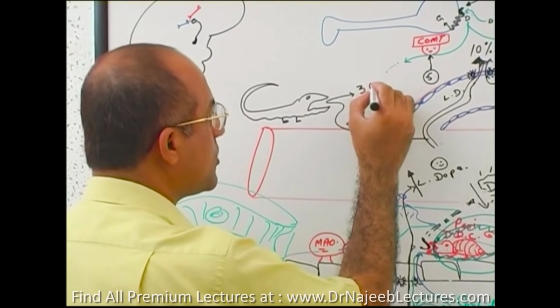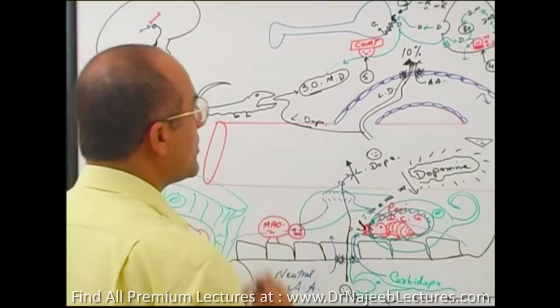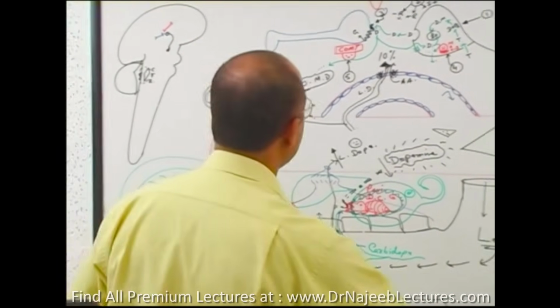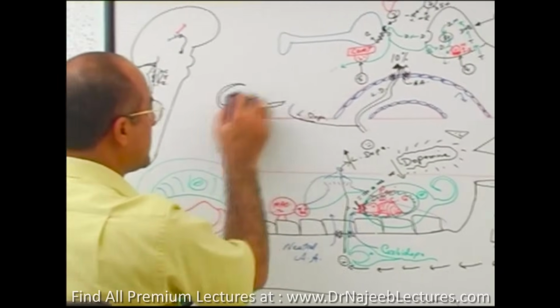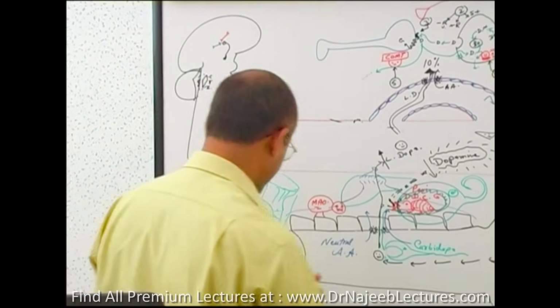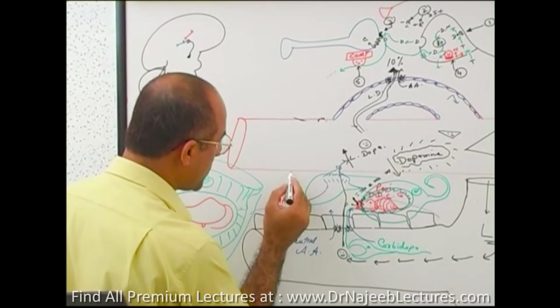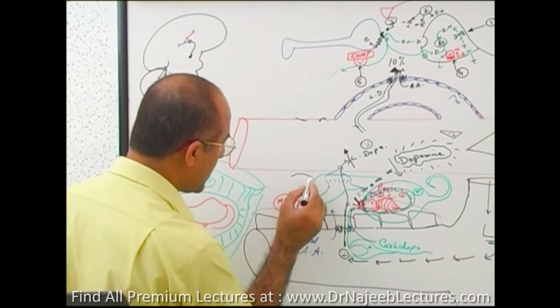So we call the product 3-O-methyl-dopa. I think it should be outside the central nervous system in the periphery, so I will draw it here. In the peripheral tissue, there is one more enzyme, right? What is the name of that enzyme?